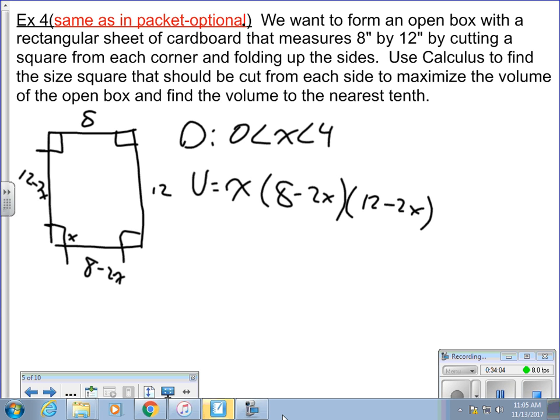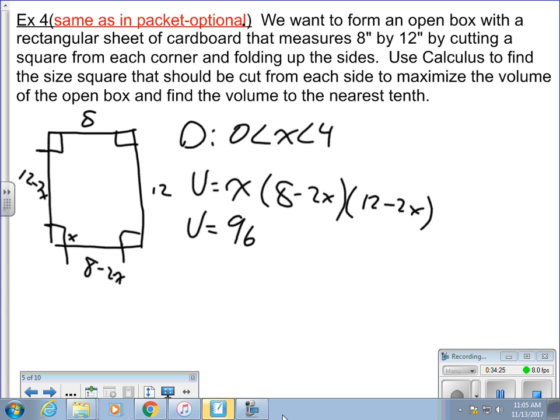Now, multiply it out before you take the derivative. Do not do the derivative as it stands. 8 times 12 is 96.